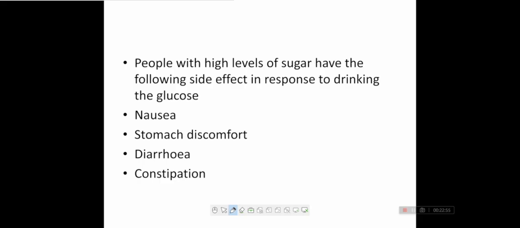So when they drink the glucose, if they have a high level of glucose, the body will respond with symptoms like nausea, stomach discomfort, diarrhea or constipation. Right?